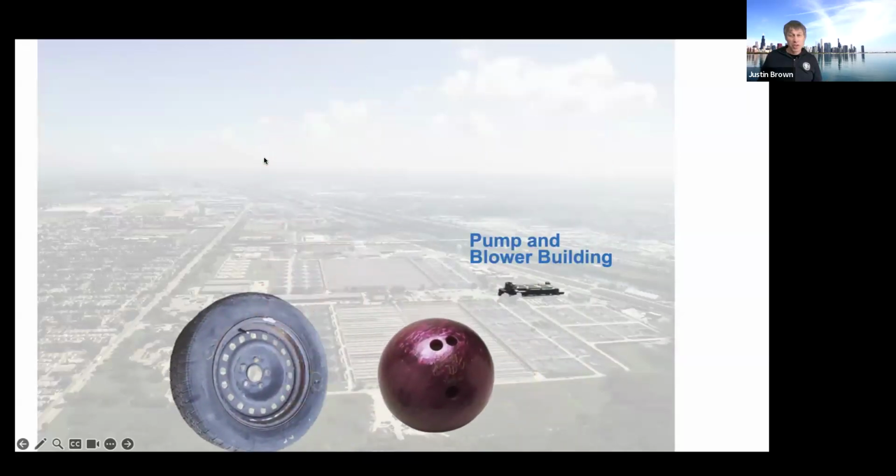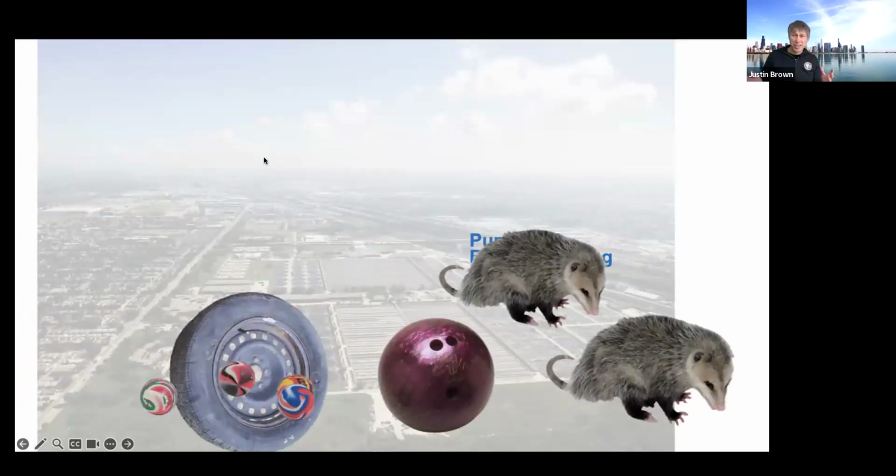And over the years, we have removed some interesting objects, including one time a few years ago, we received 2 live opossums. And we were able to safely remove them, and they lived happily ever after on the grounds of our treatment plant. Sounds like maybe there's a children's book in there somewhere about that.